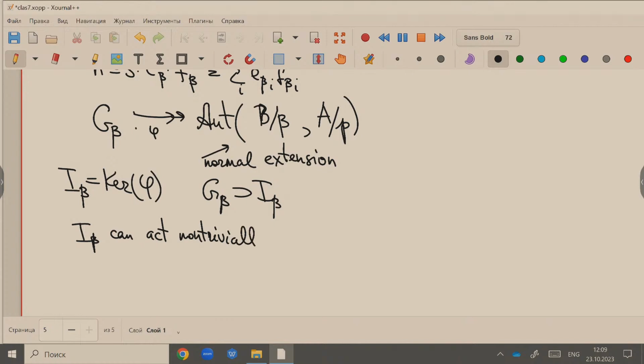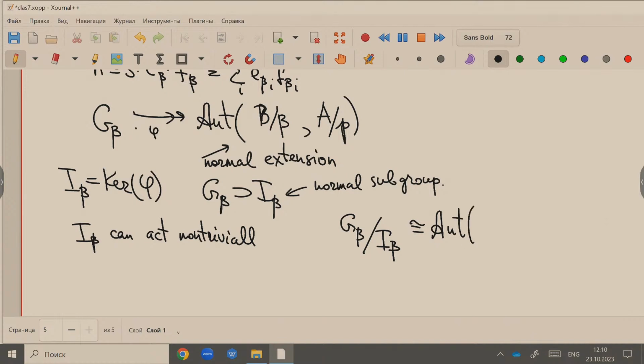Notice that the inertia group is a normal subgroup, because it is just a kernel. And G beta modulo I beta is just the automorphism group of this ring extension.